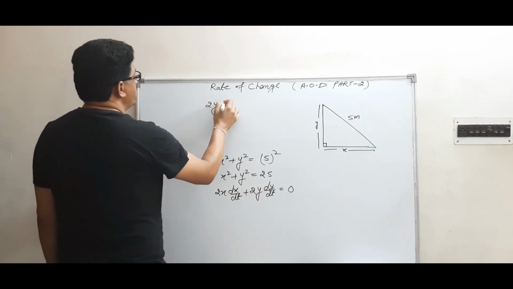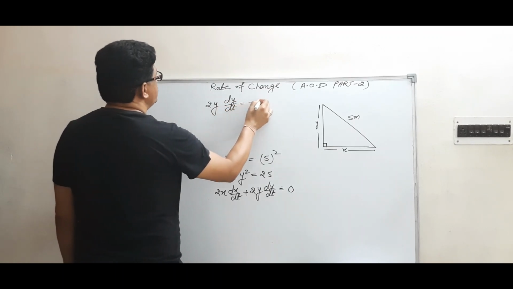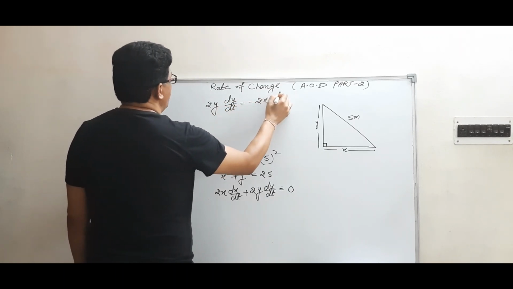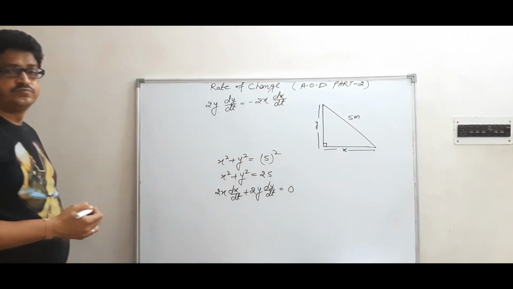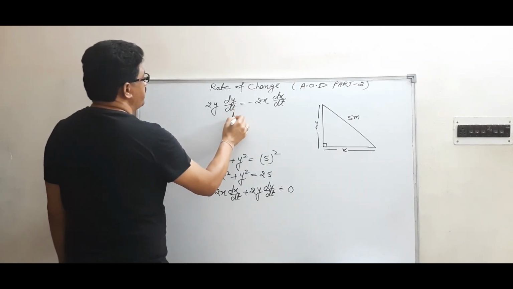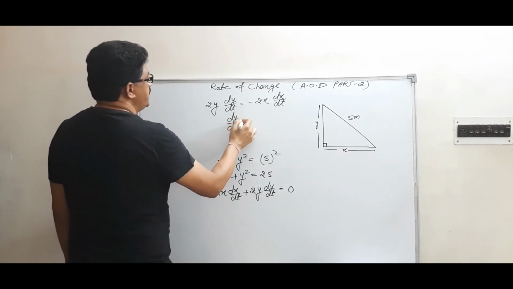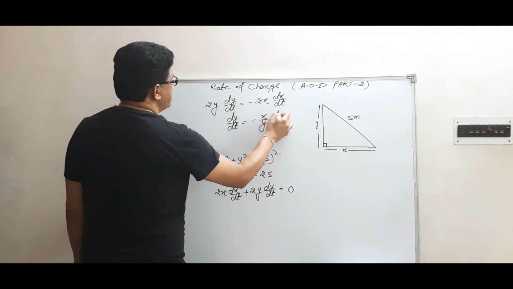Two y dy by dt is equals to minus 2x dx by dt. So dy by dt is equals to minus x upon y dx by dt.